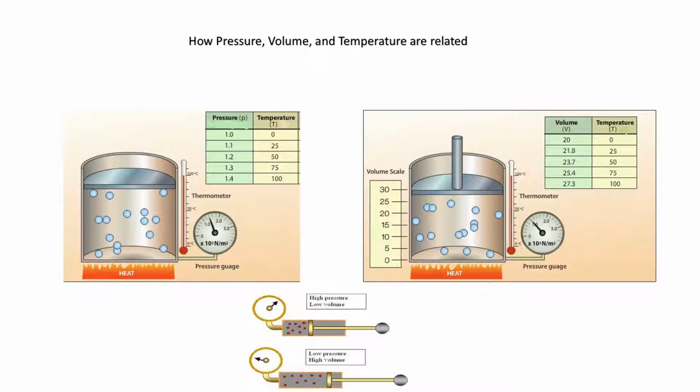More simply, temperature, volume, and pressure are related. If you are ever asked to give me the definition of the combined gas law in my class on a quiz or test, all you have to say is temperature, volume, and pressure are related.